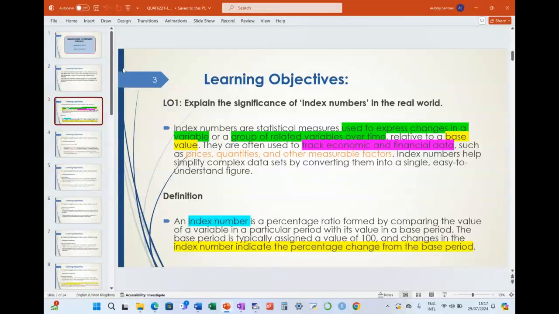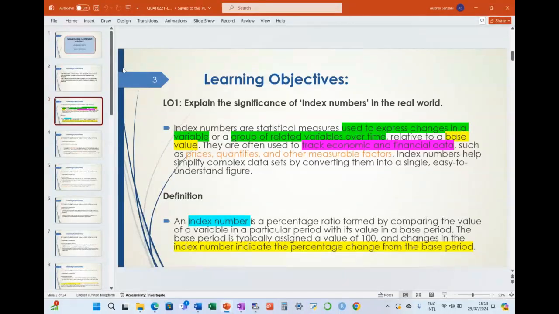So what are index numbers? These are statistical measures used to express changes in a variable or a group of related variables over time, relative to a base. Now, we often use this in financial or economic related data, but we could use one in the context of academics.